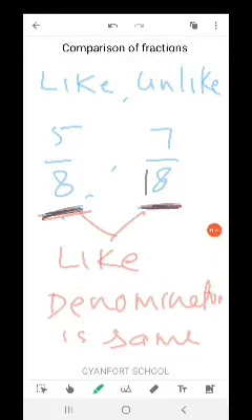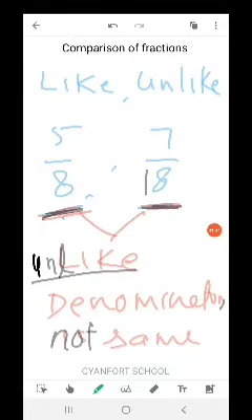So in this case, this is an unlike fraction, right? These two fractions are unlike because their denominators are not the same. Okay, this is a very important concept.